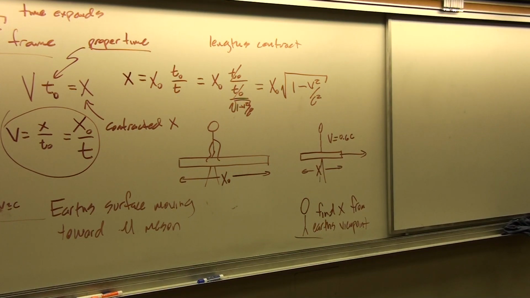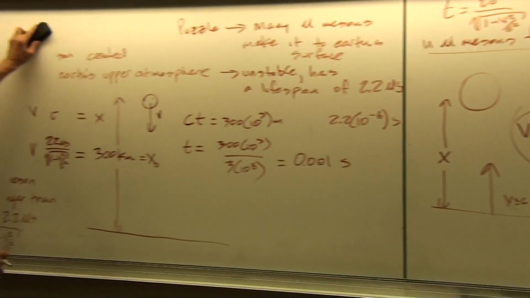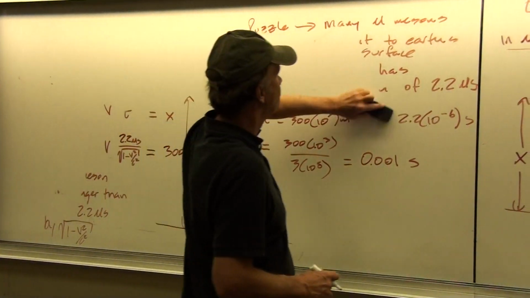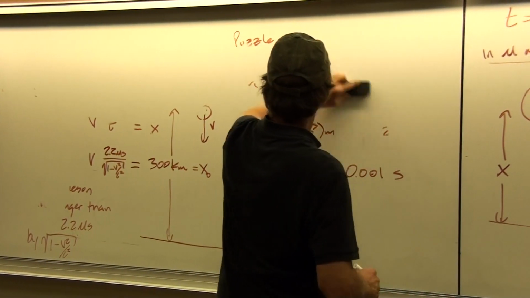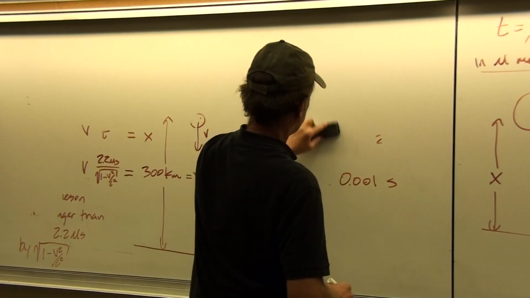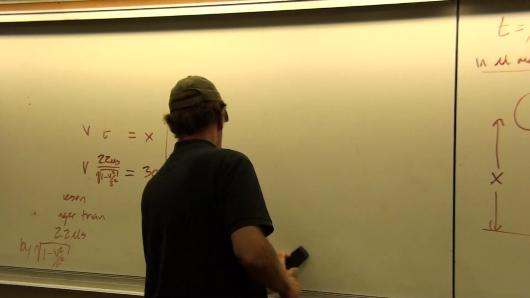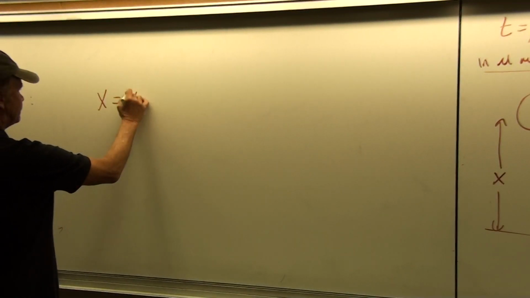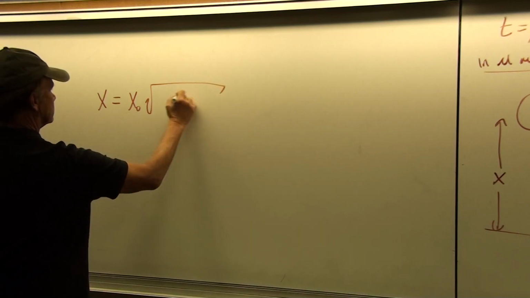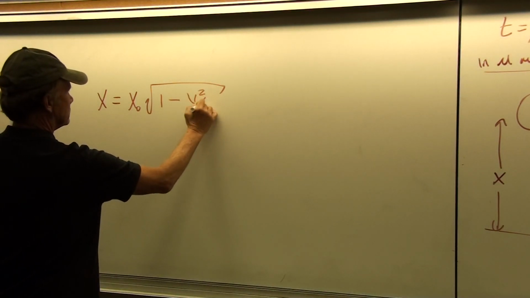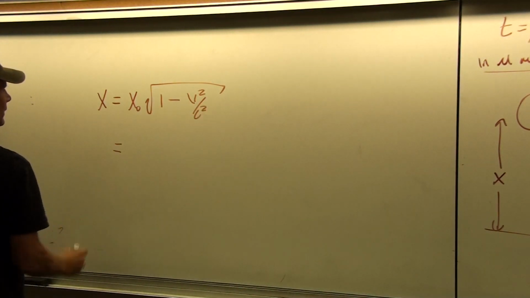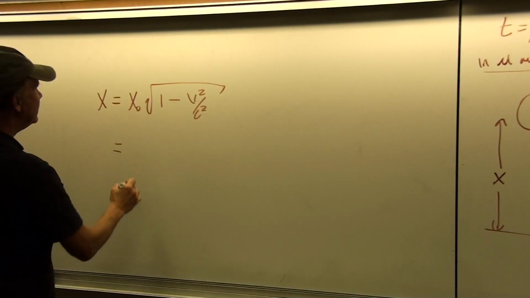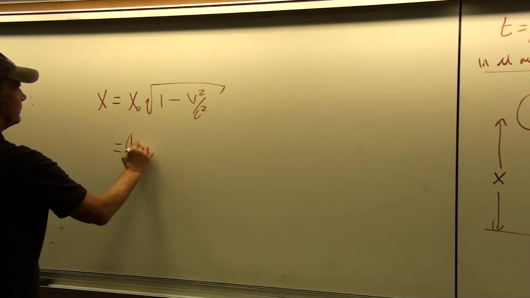All right, so I did this with a slightly different number, 0.6c instead of 0.8c. So what's x naught? Well, if it's a meter stick, that's just 1 meter.